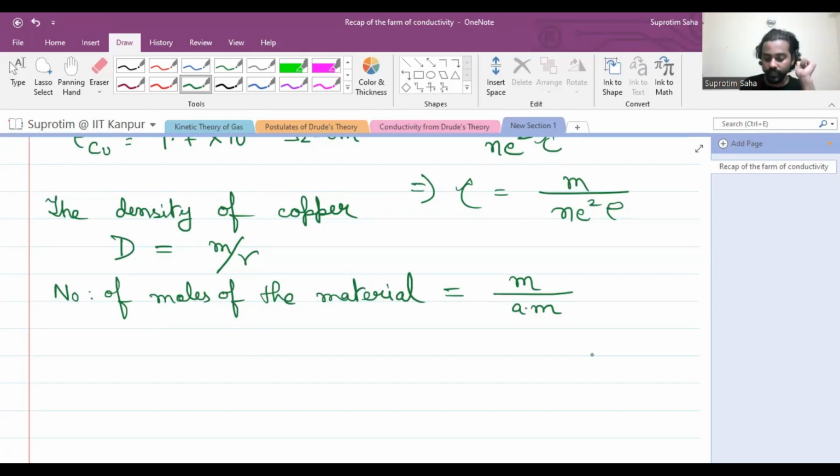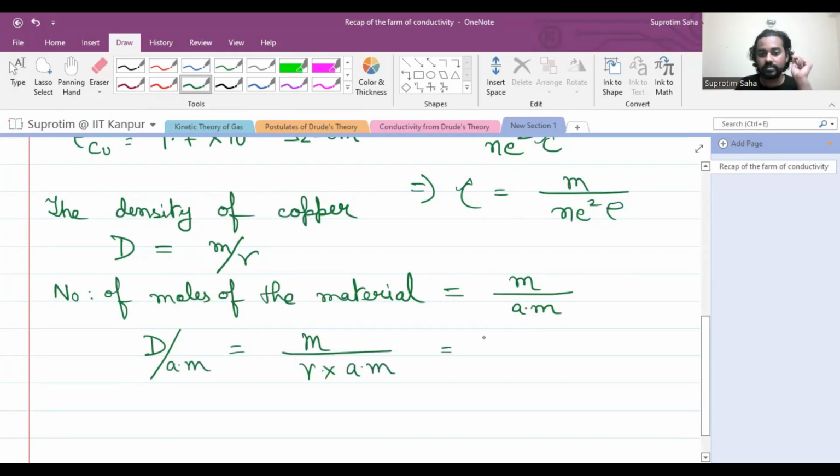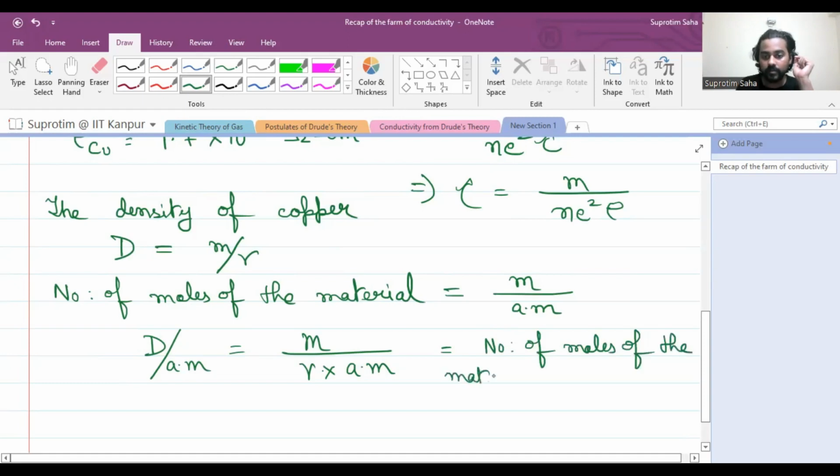Now if one writes mass by atomic mass, which is D times volume divided by the atomic mass, this denotes the number of moles of the material per unit volume.